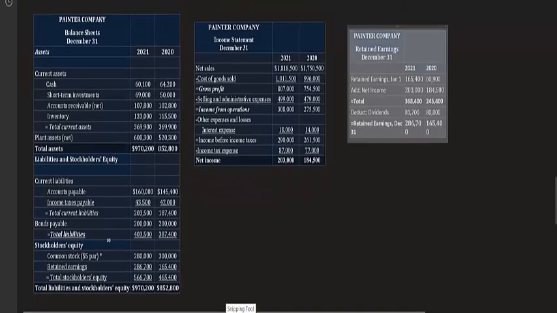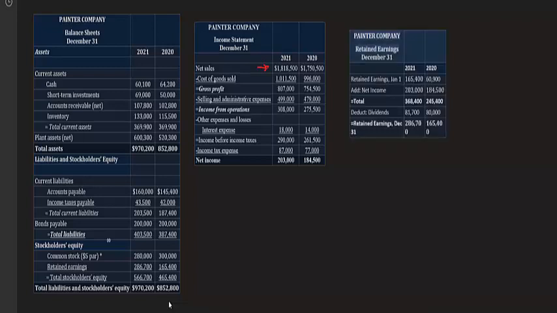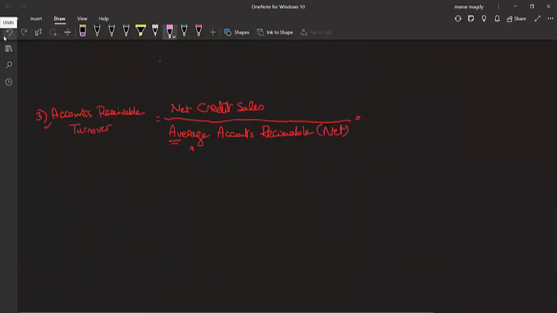The credit sales of the same year are the net sales, which are given directly here, so this amount. The average accounts receivable you get by calculating the beginning accounts receivable plus the ending accounts receivable, divided by 2.